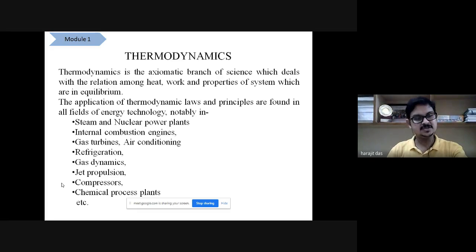Now the application of thermodynamics. Yesterday I told you that the governing laws can be seen in steam and nuclear power plants, where electricity is generated, then internal combustion engines.